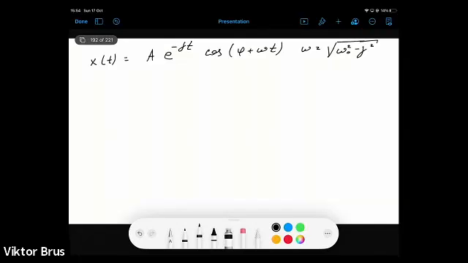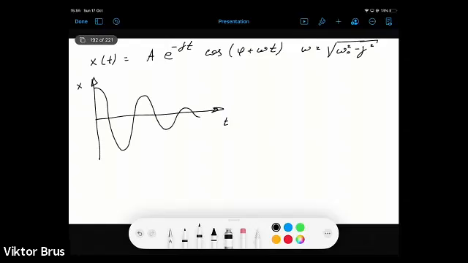So eventually, what do we get? We had an interesting damping oscillation. If we have time here, and x here, we have something like this. We have decaying amplitude from here and here.